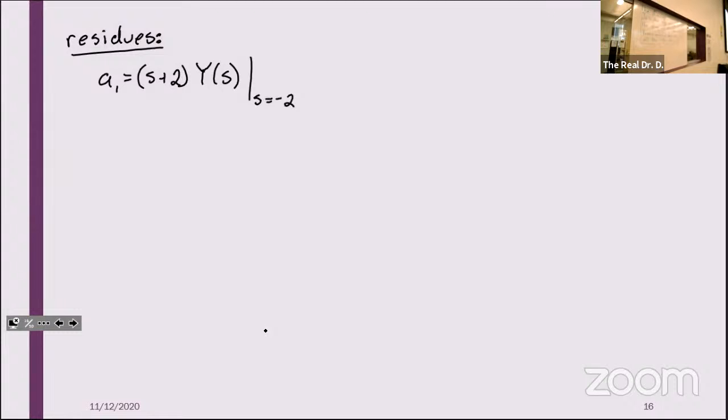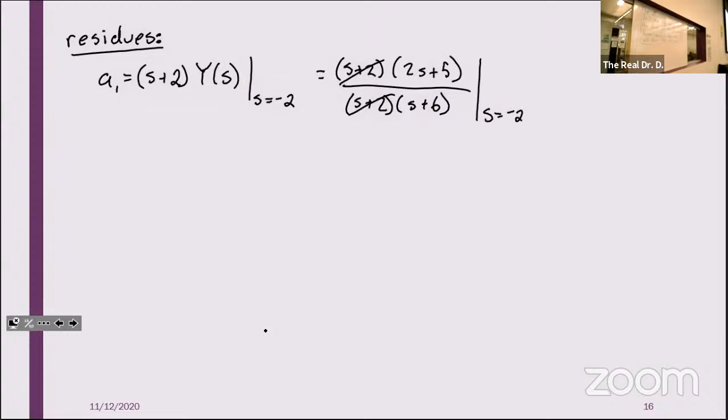So this is going to be s plus 2 times Y of s. Y of s was 2s plus 5 over s plus 2 times s plus 6, so these go away, and I have to evaluate this at s equal to negative 2.